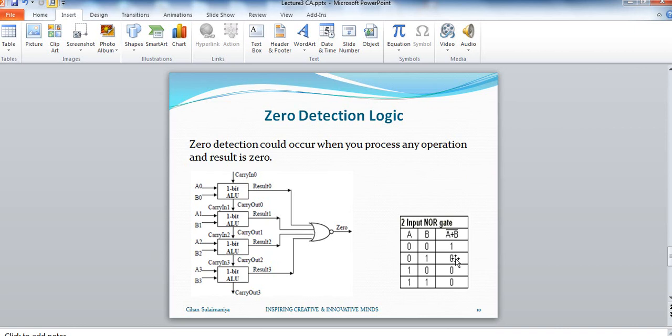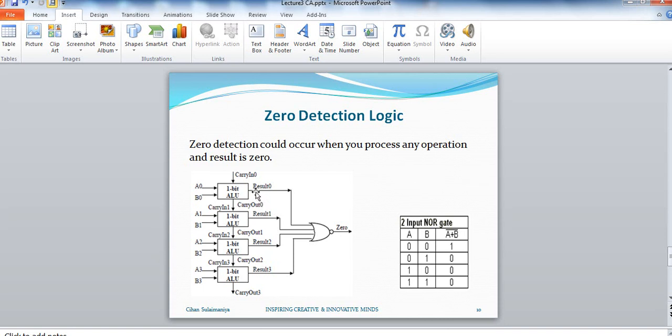Just to remind you of the NOR gate truth table: if it's 0 and 0, the output is 1. Otherwise, for any other input, 0 1, 1 0, or 1 1, the result would be 0.